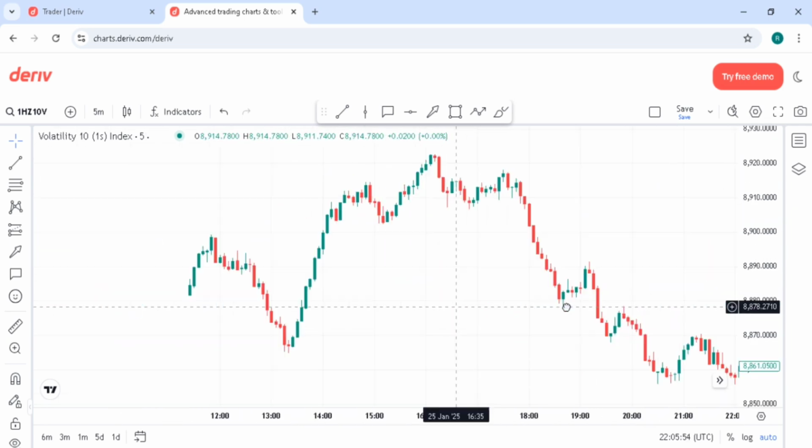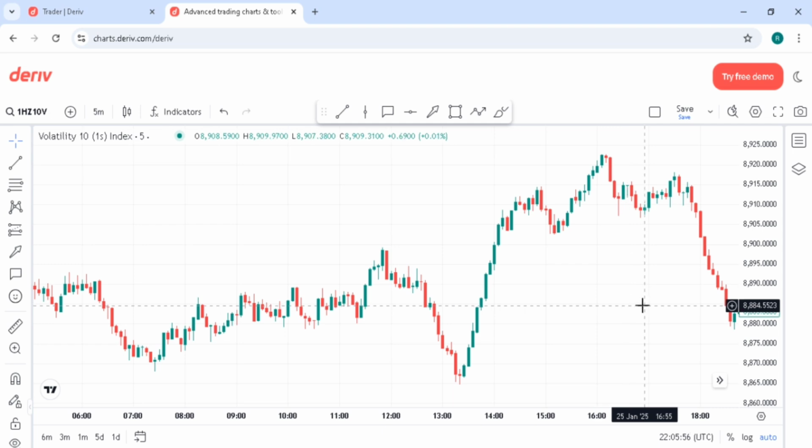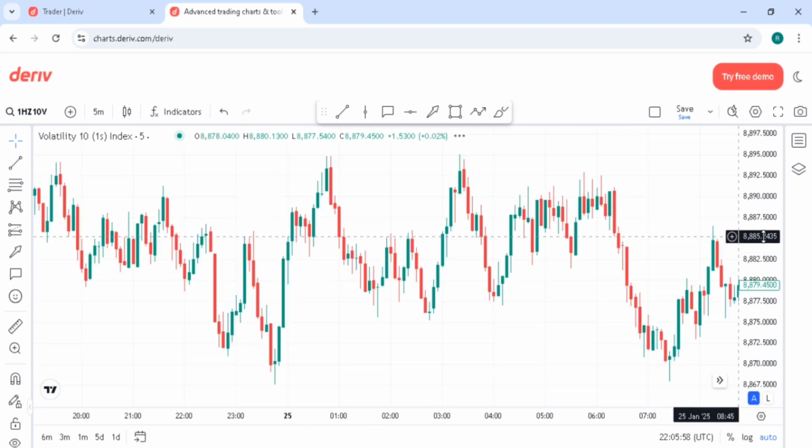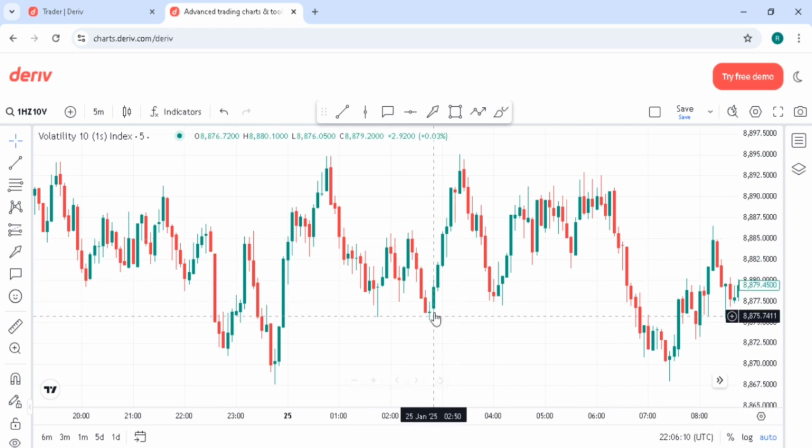So what we are going to do in the next part is combine the candle patterns that we have learned, and then we place trends using them. Look at this one. This one is a downtrend, a red, a small candlestick, then a green.